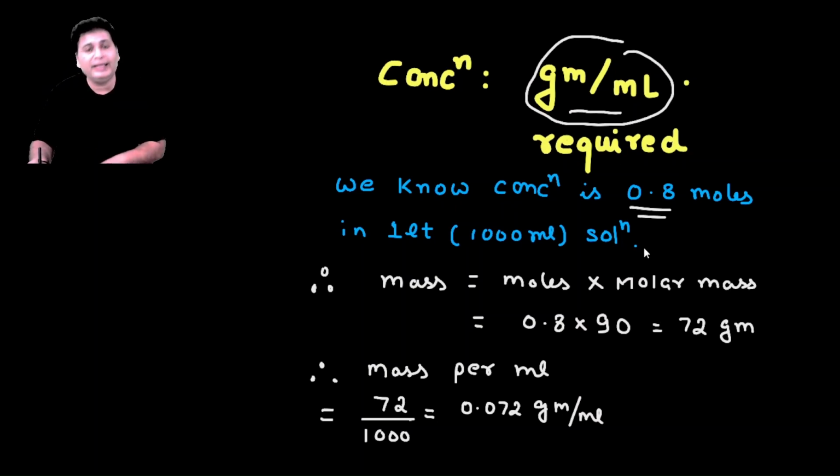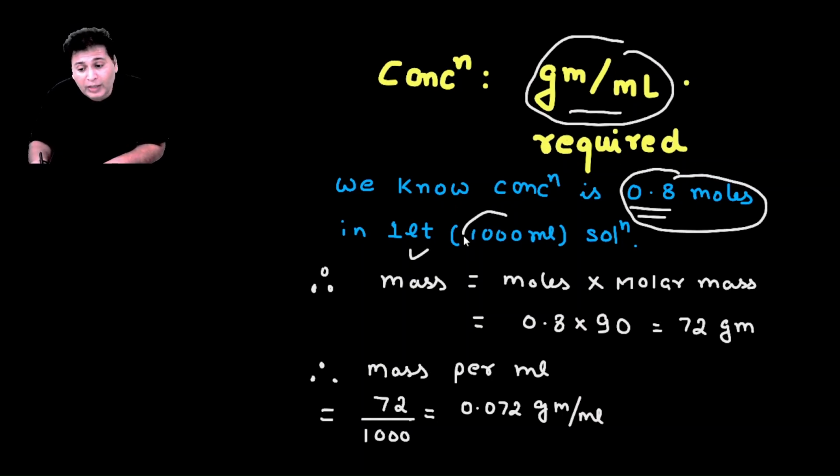So if molarity is 0.8, it means that 0.8 moles of compound is present in 1 liter, that means 1000 ml of solution. So first of all, let us take 1 liter of solution. The volume becomes 1000 ml. Now in 1000 ml you have 0.8 moles.